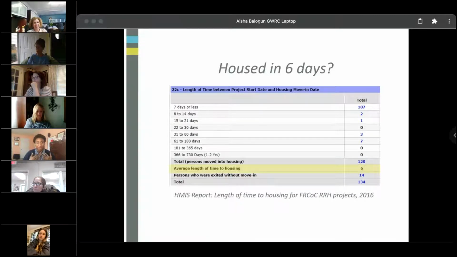So we had the context to understand that this 6-day number in HMIS reporting might not be an accurate representation of how our system was working in the moment. However, somebody who doesn't have the context that we have, somebody who doesn't work in our system, if they see this number, they're going to take it at face value and think, average 6 days in the FRCoC.